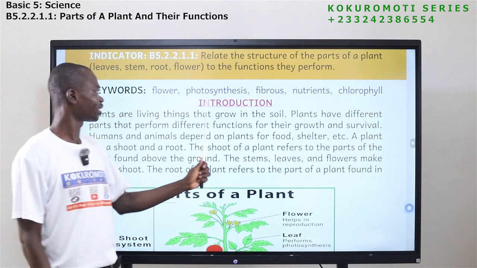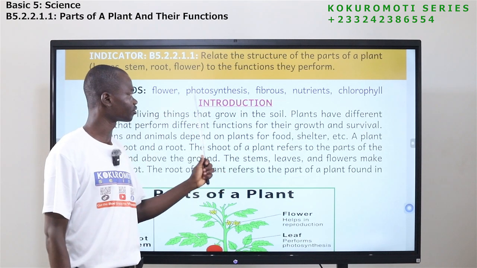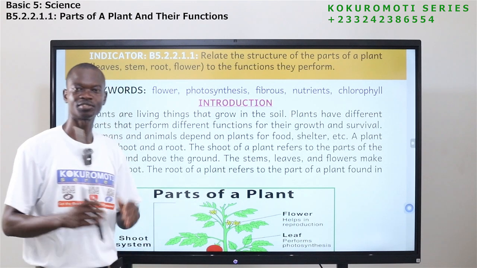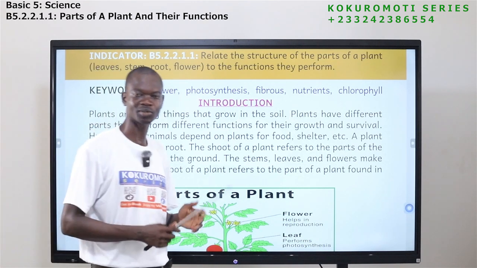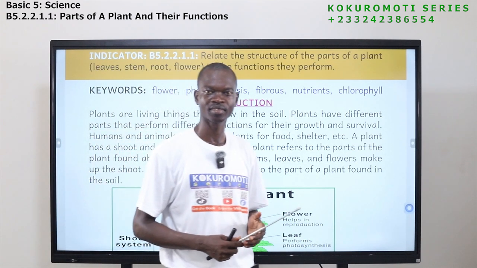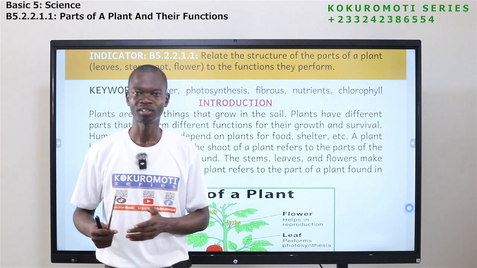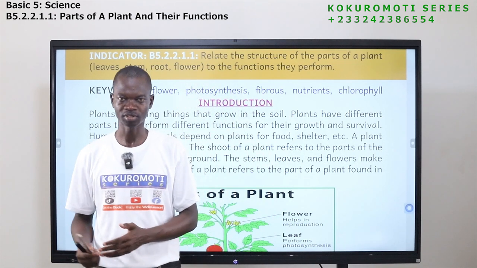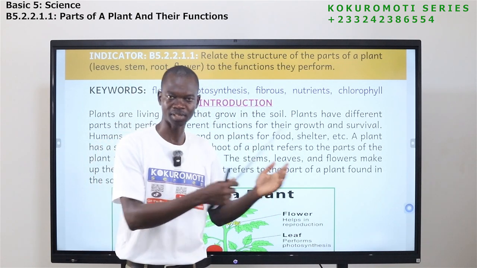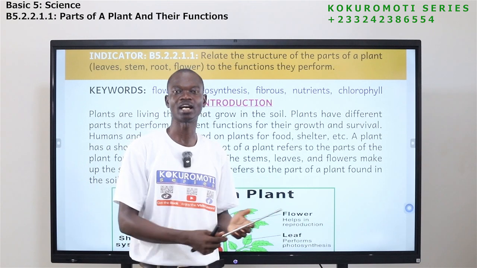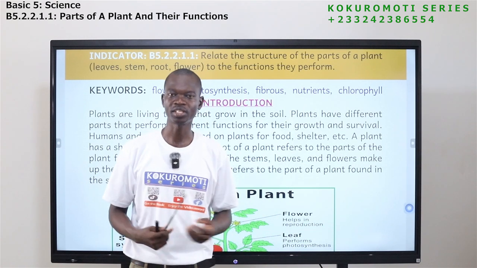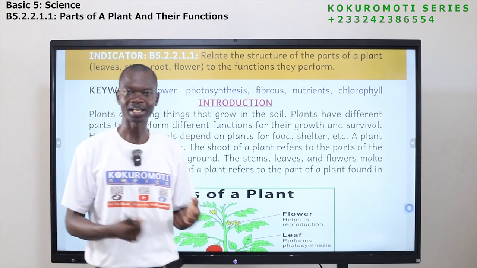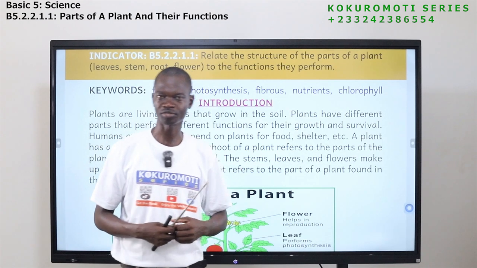The next word is photosynthesis. Photosynthesis is a process by which plants prepare or make their own food. Human beings make our own food, and plants also make their own food.